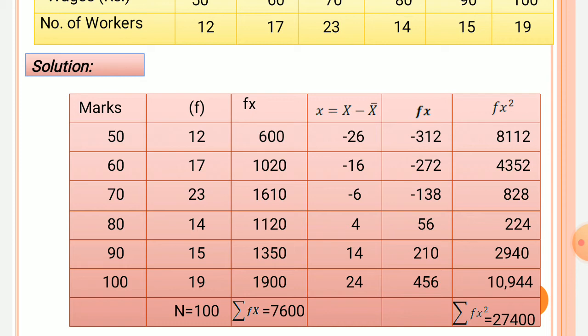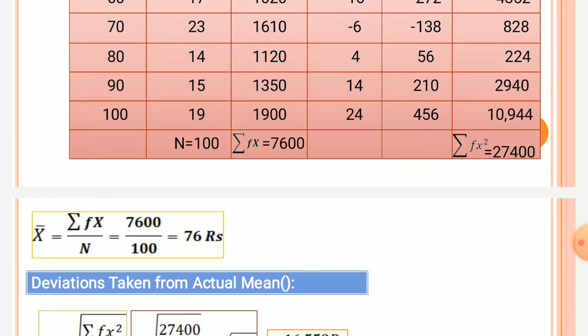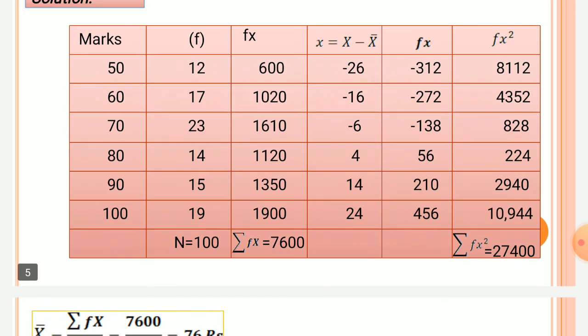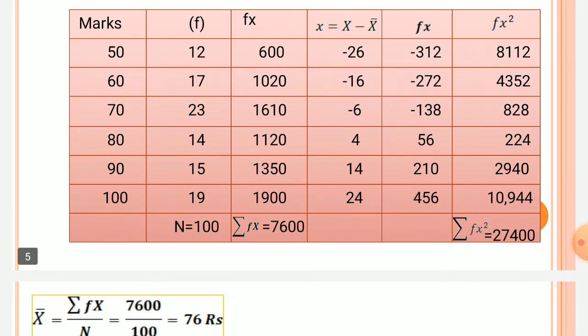And then find x is equal to x minus x bar. So x bar is equal to sigma fx by n. Sigma fx 7600 divided by 100 is equal to 76. So therefore x minus x bar: 50 minus 76 is minus 26, 60 minus 76 is minus 16, 70 minus 76 is minus 6, 80 minus 76 is 4, 90 minus 76 is 14.